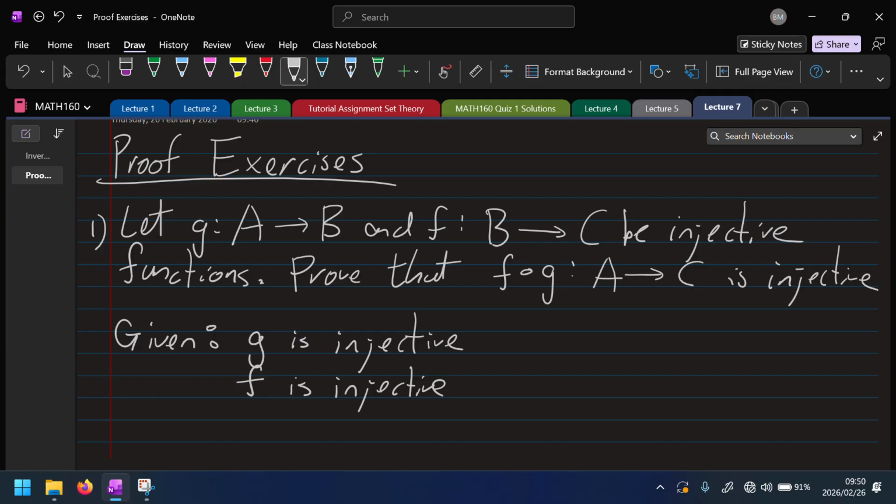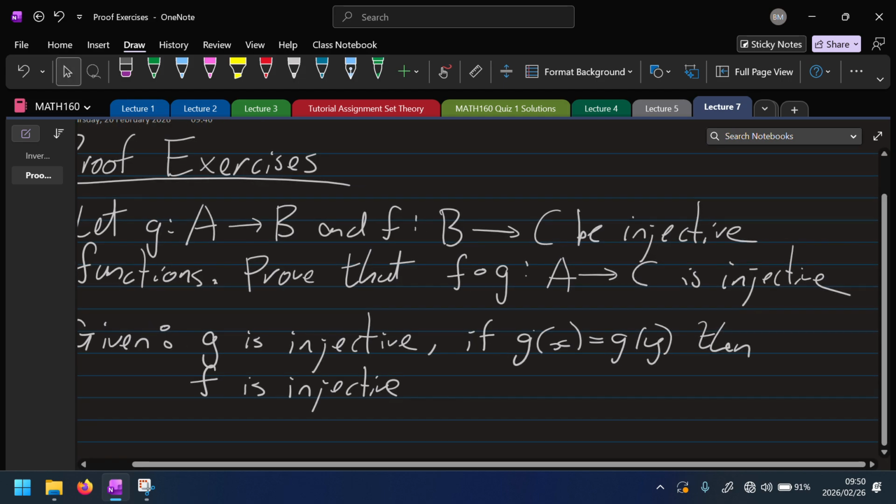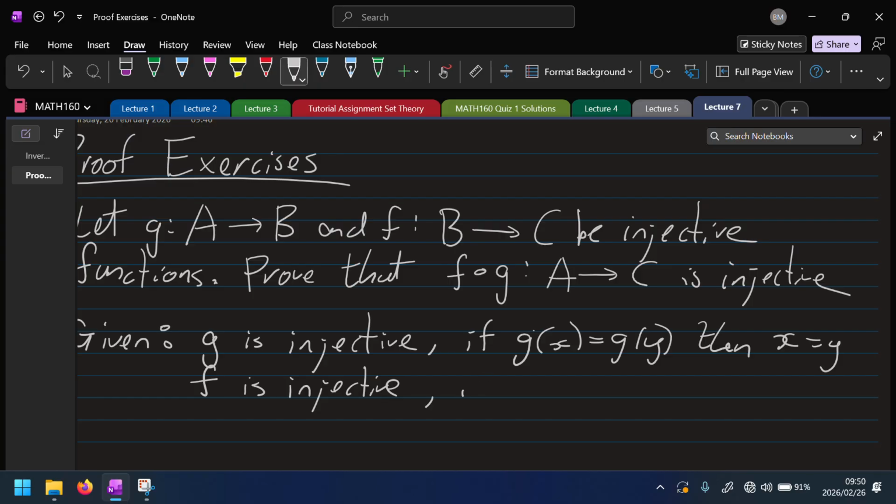For G to be injective, we know that if G of X is equal to G of Y, then X equals Y. Yeah, that's the definition. What about F? If F of X is equal to F of Y, then X equals Y. That's the definition. We know we can work with that.